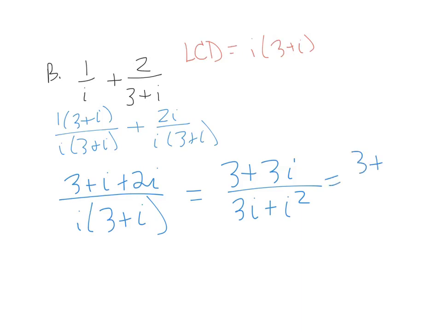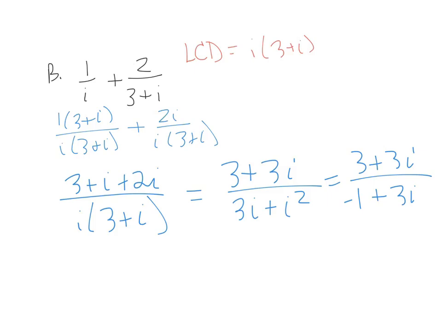So 3 plus 3i on the top, over, i squared becomes negative 1, put that in front, plus 3i. The reason we write that negative 1 term first, it's the real part. The real part goes first, the imaginary part goes second.